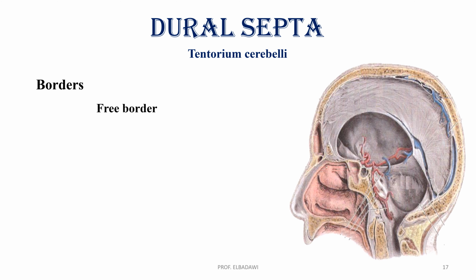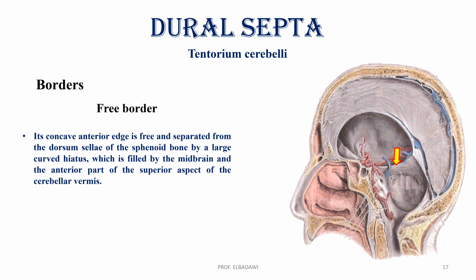The borders are the free border, and that free border surrounds, first, separated from the dorsum sellae of the sphenoid bone by a large curved hiatus which contains the midbrain and the anterior part of the superior aspect of the cerebellar vermis, but mainly the midbrain in that notch.